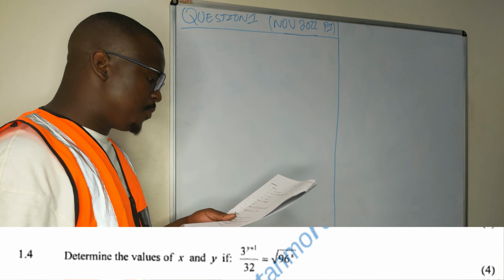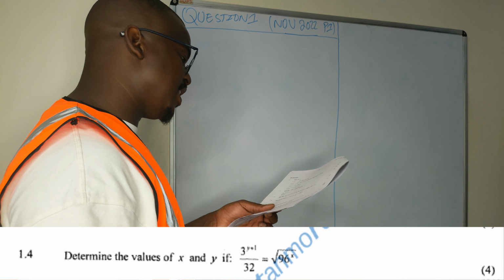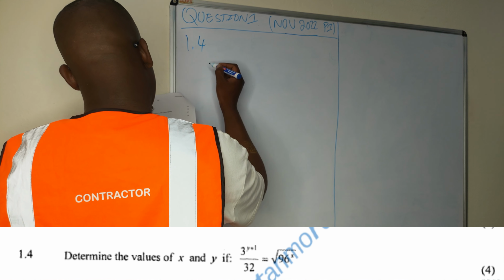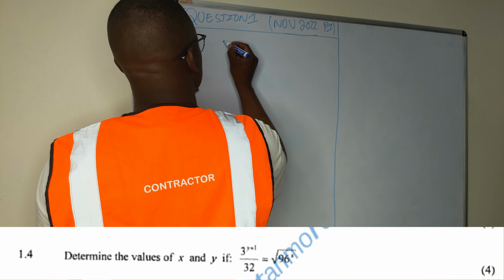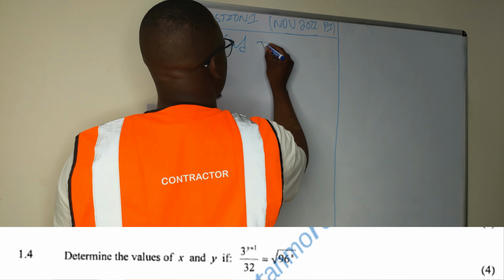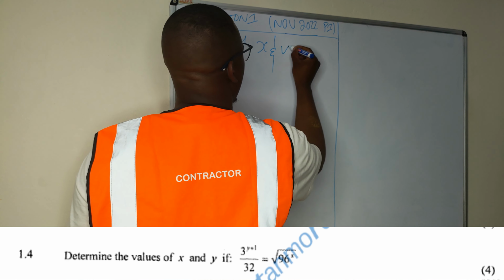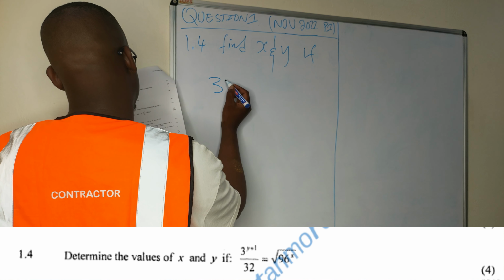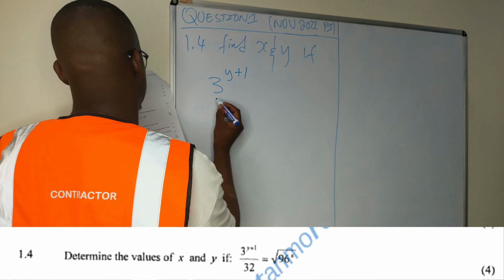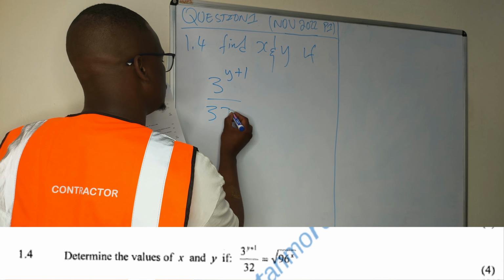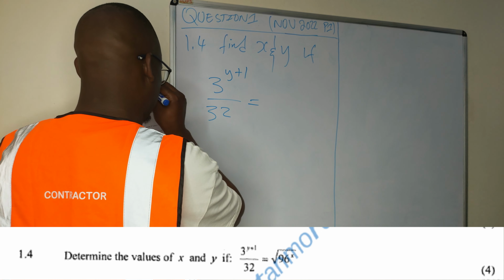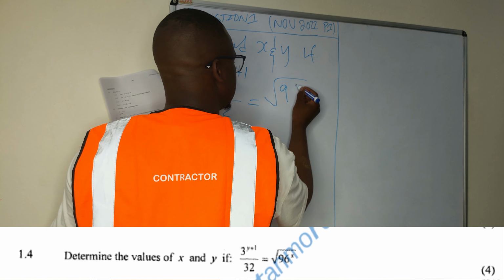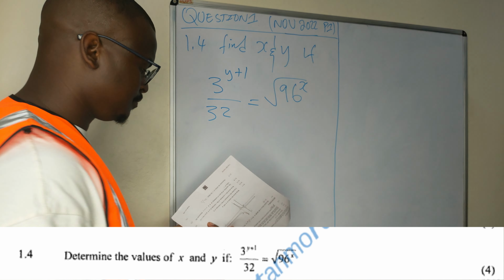Okay. 1.4. Determine the values of x and y. So they're saying find x and y if 3 raised y plus 1 over 32 is equal to the square root of 96x.